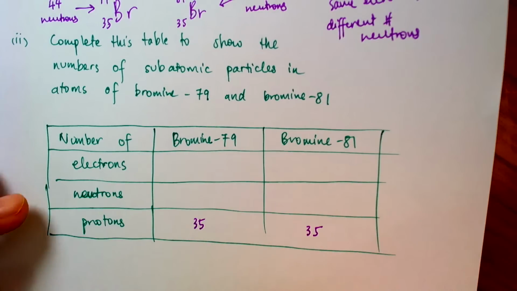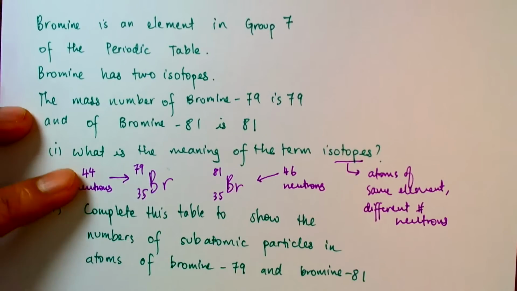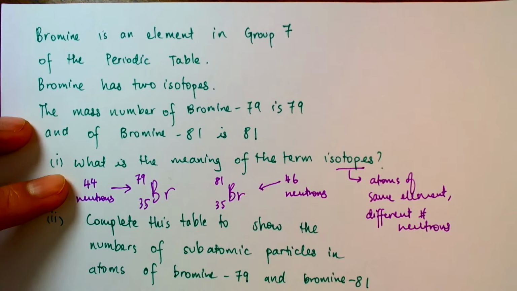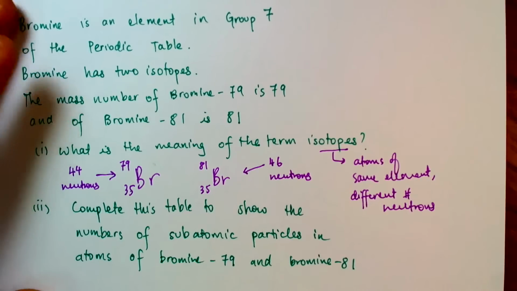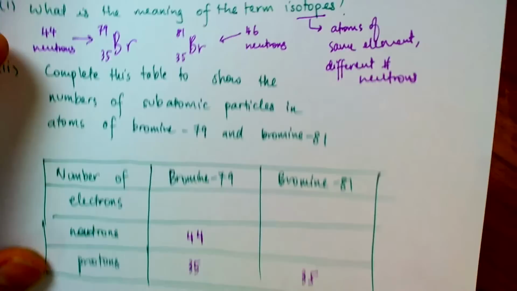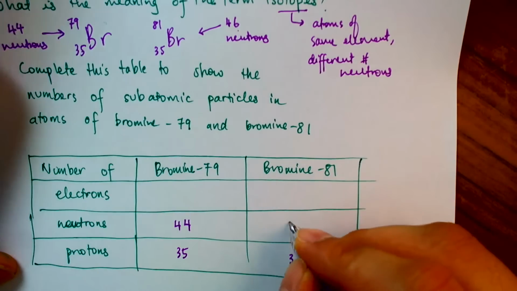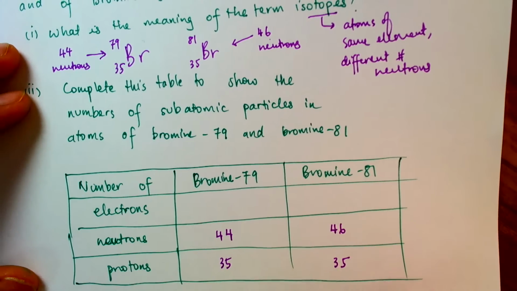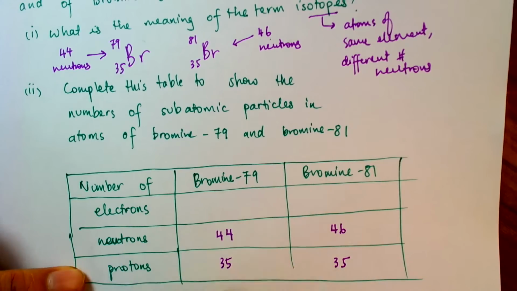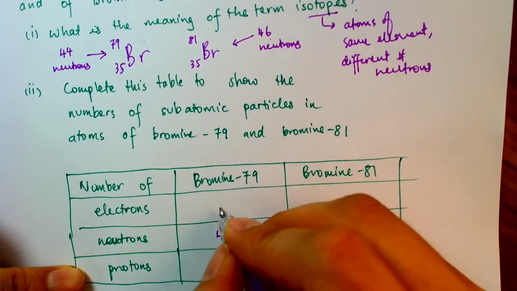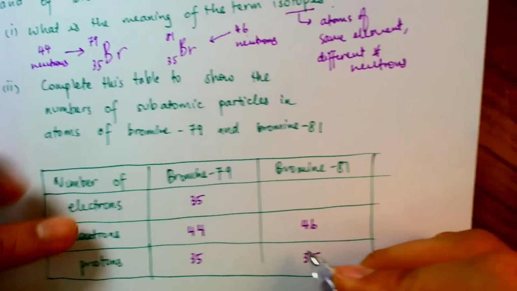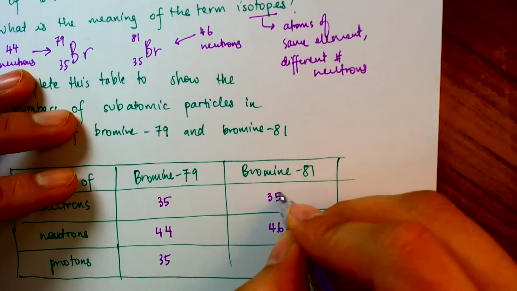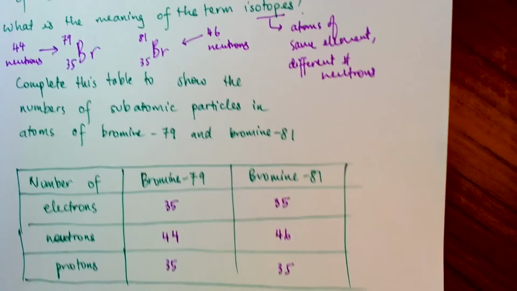We worked out that bromine-79 has 44 neutrons and bromine-81 has 46 neutrons, so I'll fill that in here. For a neutral atom, we want the same number of electrons as protons to neutralize, so I'm going to have 35 here and 35 there.